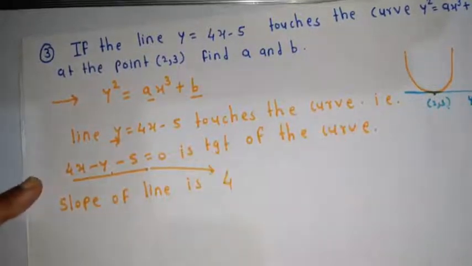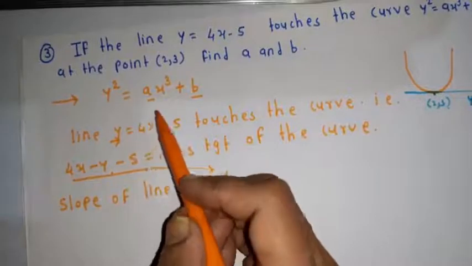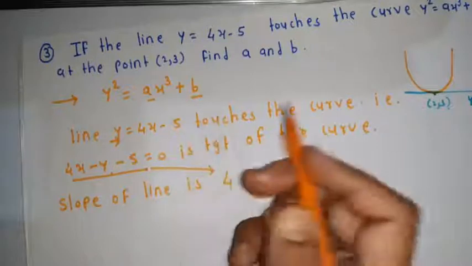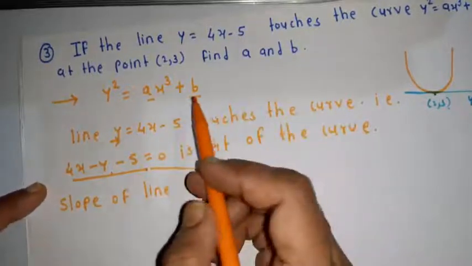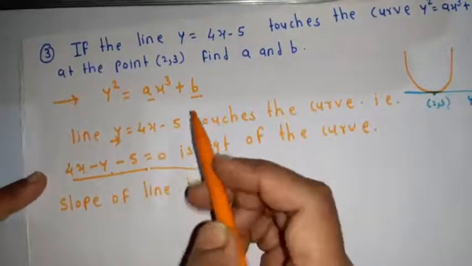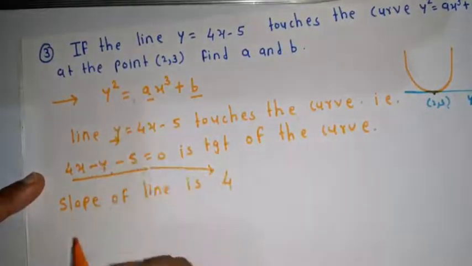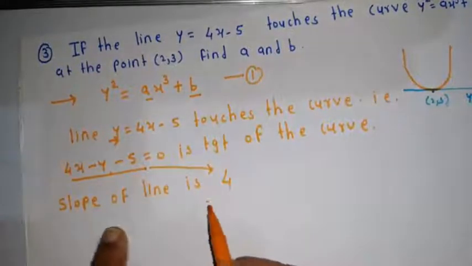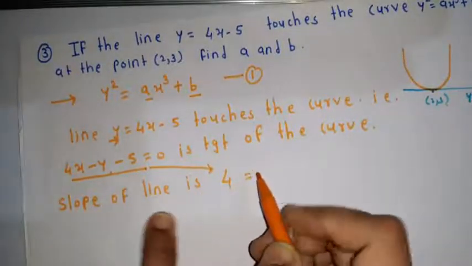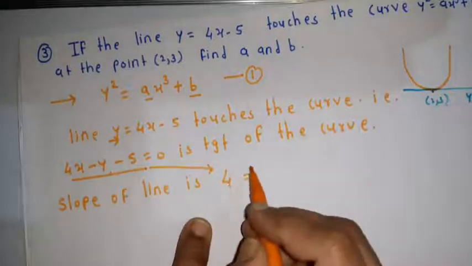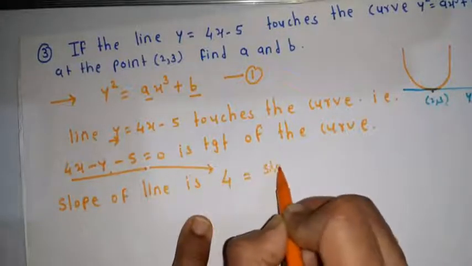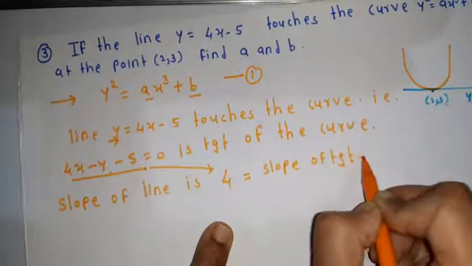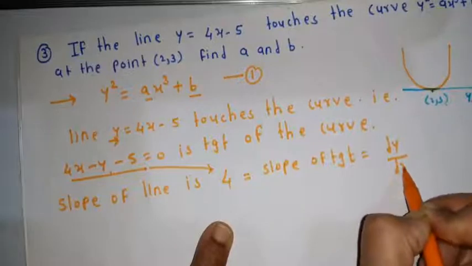Okay, and now we know that if the curve is given y equal to f of x, then dy by dx is the slope of tangent. Now let us differentiate this. Okay, so suppose this is 1, and the slope of line is 4, the slope of tangent is 4. Slope of line is slope of tangent because the line is tangent, and that is equal to dy by dx.